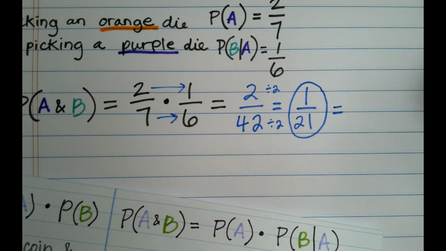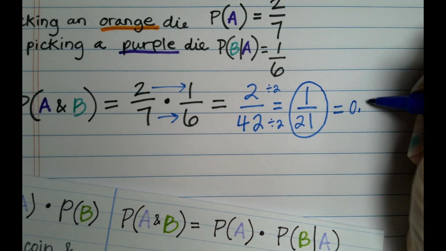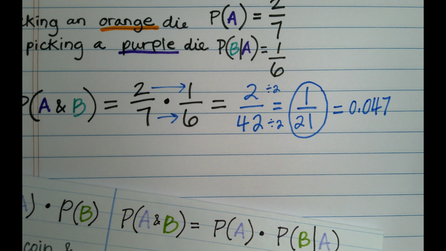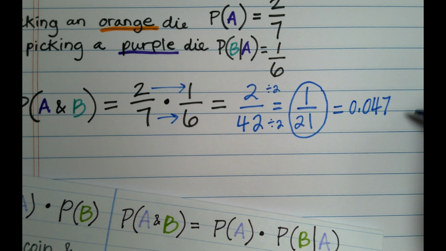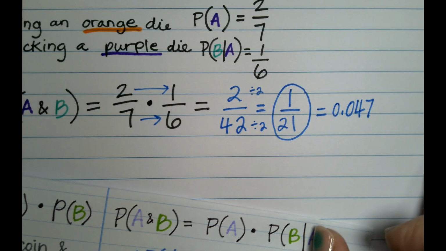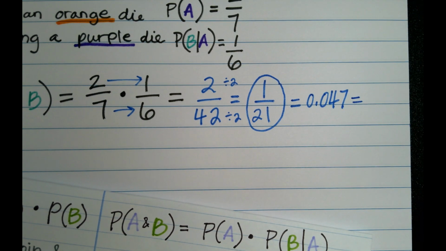1 divided by 21. What do we get? Perfect. 0.047. There's more, 47619. It goes on for a while. I'm just going to put this for now. How would I write this as a percentage?